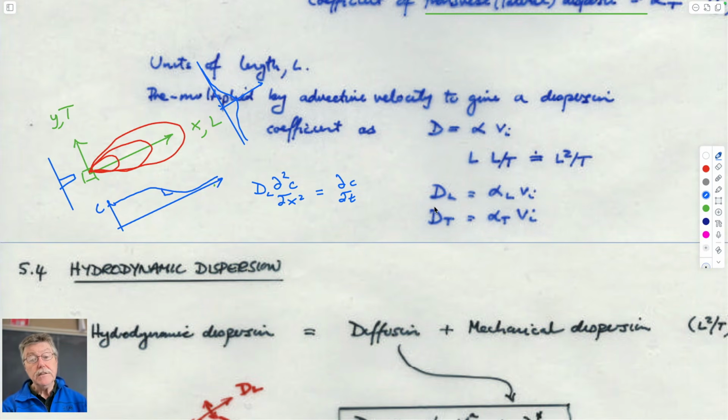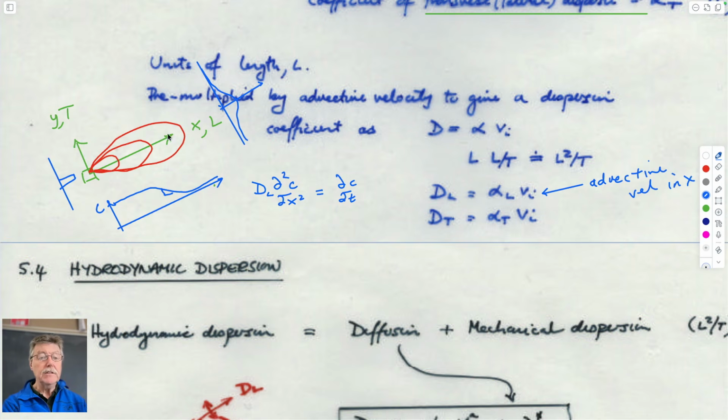And so if we take it on trust that we can relate this mechanical dispersion to a longitudinal dispersion coefficient and a transverse dispersion coefficient, where it's a function of a material property of the aquifer and the velocity, this is the advective velocity in the x direction, or the longitudinal direction, right?